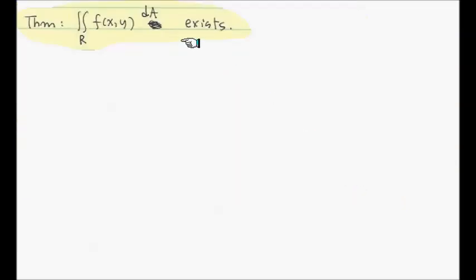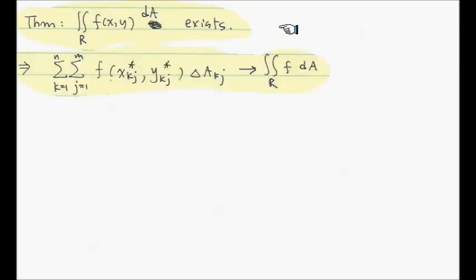We're relying on the introduction part of the video that defines all this. But here's the theorem. If we consider that class of functions, continuous or with continuous partials, this double integral exists. What that means is that if you partition the rectangular region R, however you do it, irregularly, it's going to create many different shapes of rectangles.